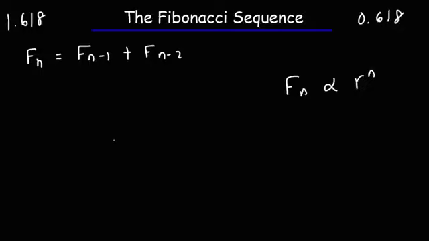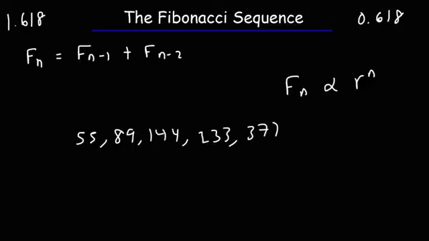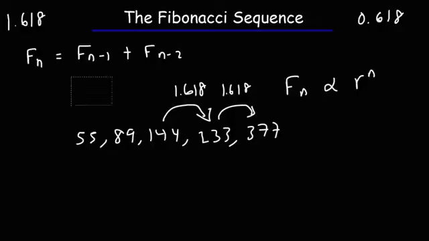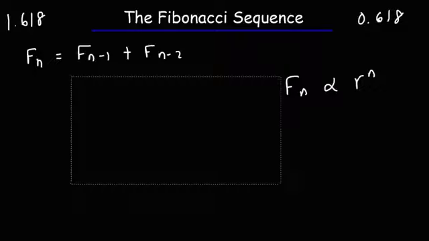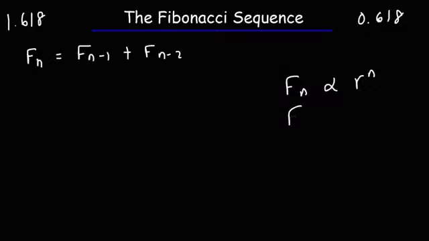The reason for that, when we had numbers like 55, 89, 144, 233, 377, if we multiply 144 by the golden ratio, which we'll call r, 1.618, it's going to give us the next number, 233. And if you multiply 233 by r, or 1.618, it'll give you approximately the next number. So we could say that f sub n is proportional to r to the n.